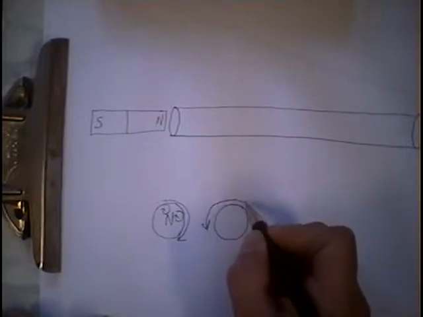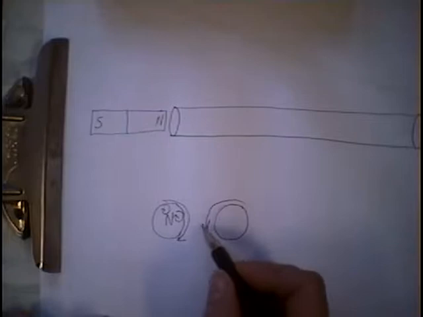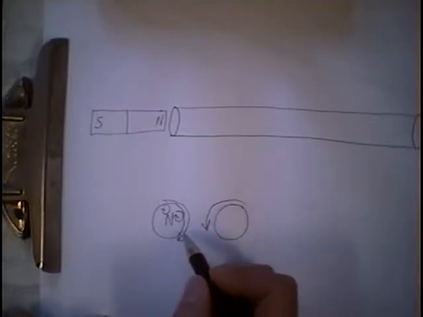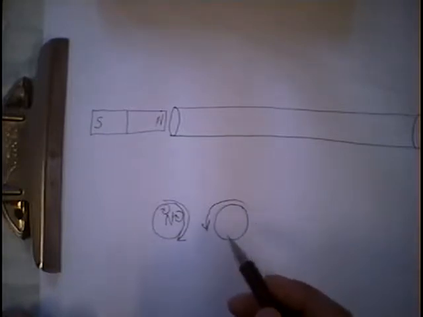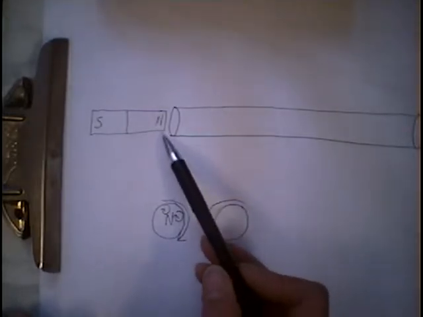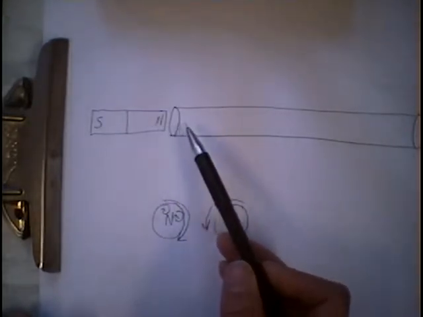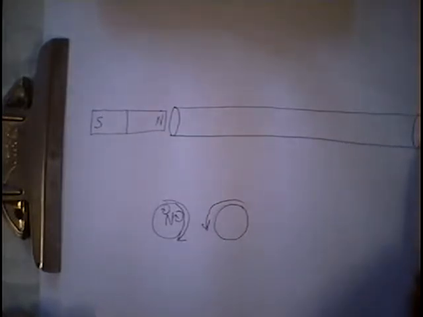So the high pressure part of the wave travels on and slams into the electrons in the magnet and in the copper. And so it acts like the copper and the magnet are repelling each other, which is why it takes so long for the magnet to travel down the length of the pipe.